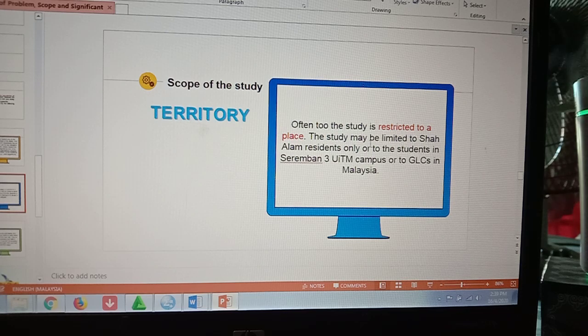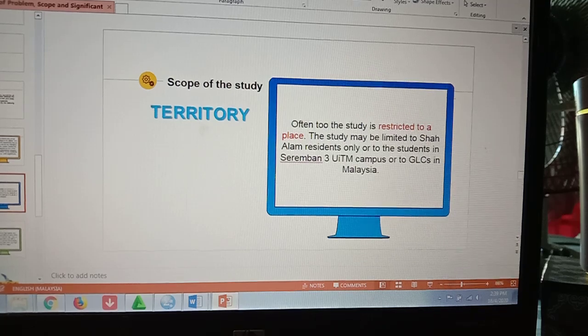For example, if you say Bachelor of Administrative Science, there are many, at the KK campus, the Samarahan campus, and so on. So for territory, we define Bachelor of Administrative Science in UiTM Seremban 3. Seremban 3 is the territory. You must have a statement of level and a statement of territory.